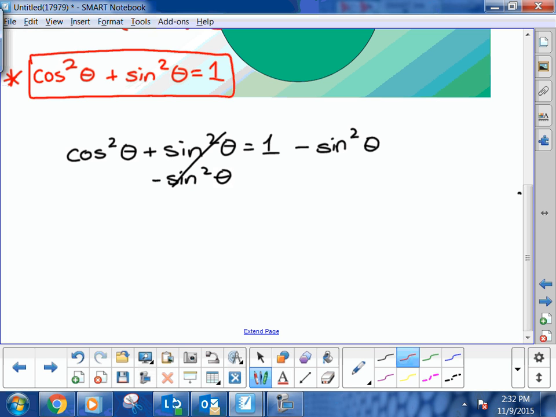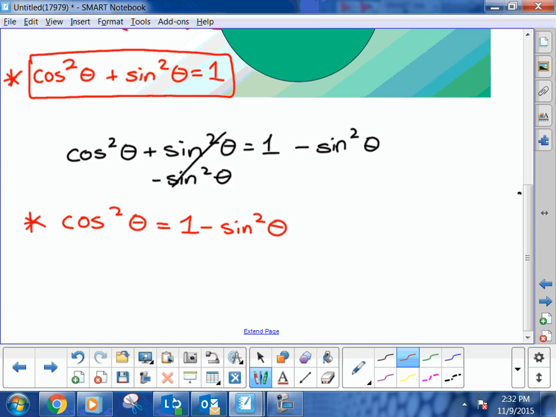The next identity function that we are developing is cosine squared theta is equal to 1 minus sine squared theta. Here's a new identity function we just developed off the manipulation and isolation of one of the other ones. So here's the second one.